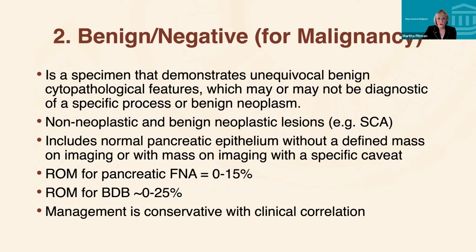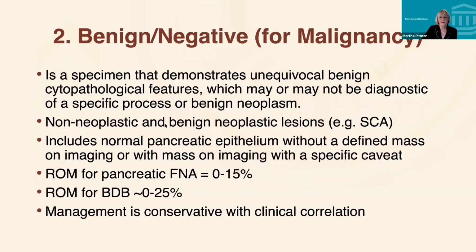It can also include normal pancreatic epithelium without a defined mass. So if I have a vague fullness or no discrete lesion, and they aspirate and only get benign pancreatic tissue, I would put that in the benign or negative category.